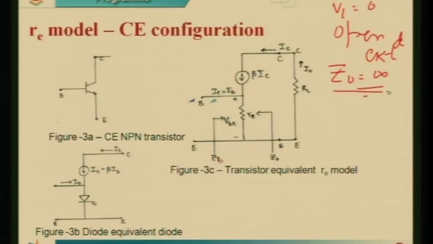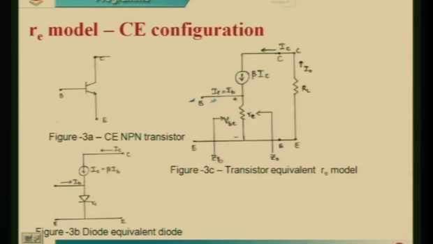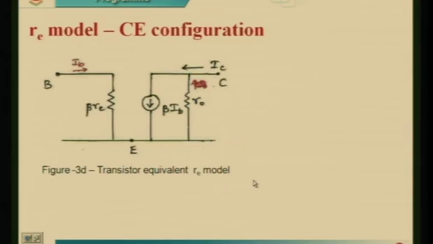Apart from this, when this is an RE model, we are defining the input impedance and the output impedance. Then figures 3b and 3c are replaced with a transistor equivalent model as shown in figure 3d.